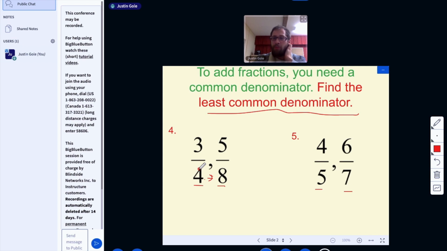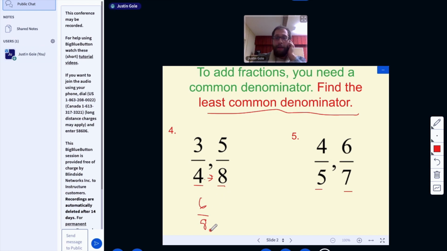You'd have to multiply it by 2, right? When I multiply this by 2, I'm going to get 3 over 4 times 2. We're going to end up with 6 over 8. So the least common denominator is 8.